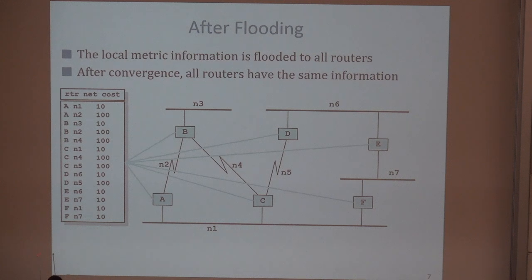There is no processing of the messages. When C sends an update about the fact that it's connected to N1, this message is simply repeated to E and to F and back to C. But there is an ID in the message. So if a message is looping, you remember that you saw this message already and you delete it.